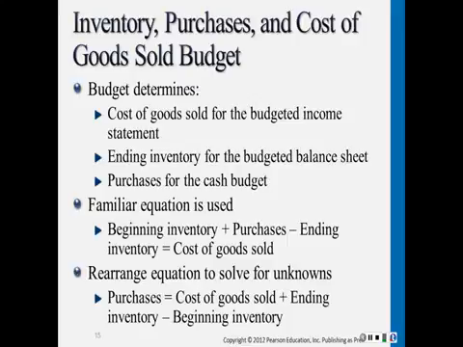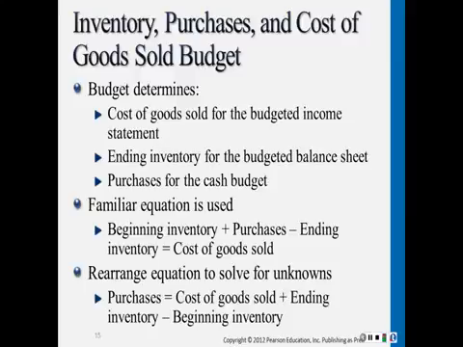The familiar cost of goods sold computation specifies the relations among these items. Beginning inventory plus purchases minus ending inventory equals cost of goods sold. Beginning inventory is known from last month's balance sheet.